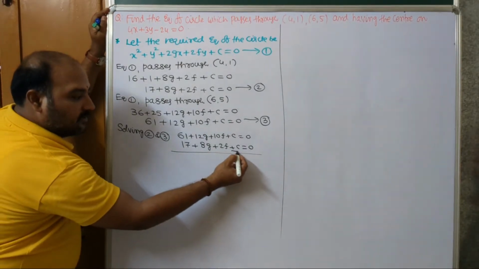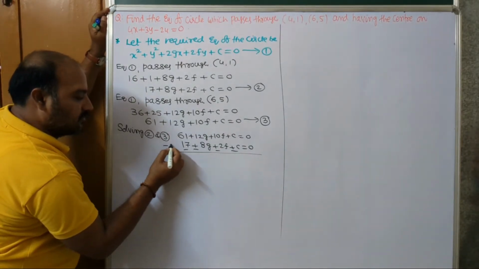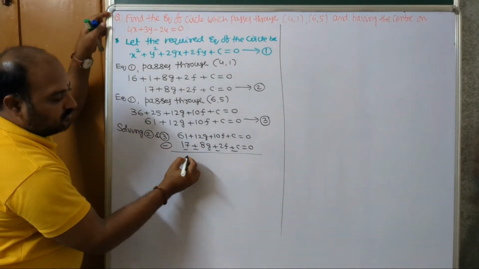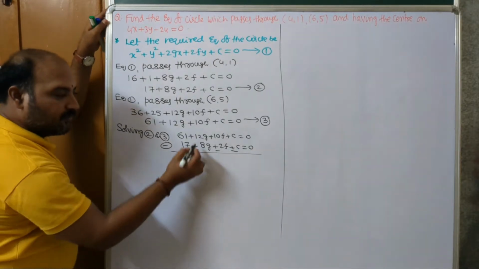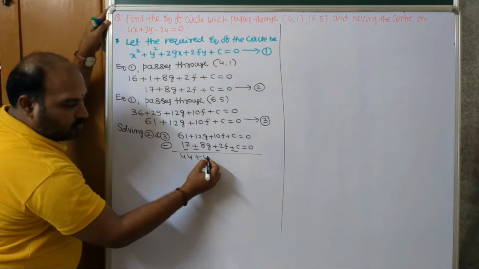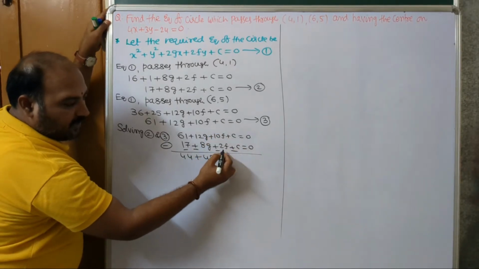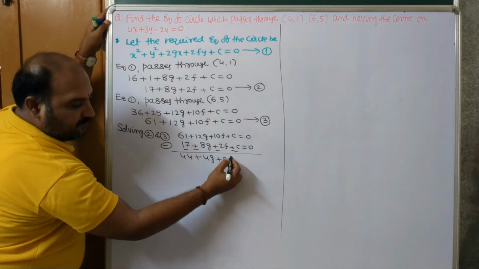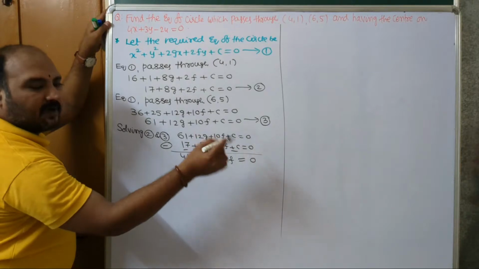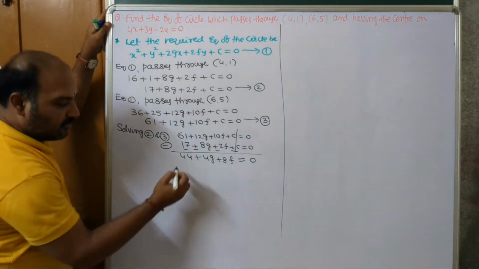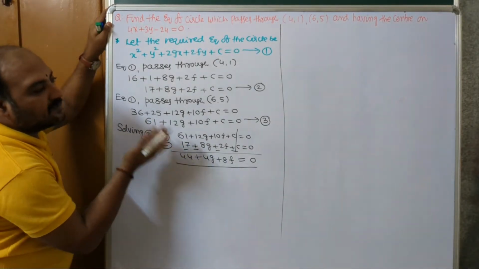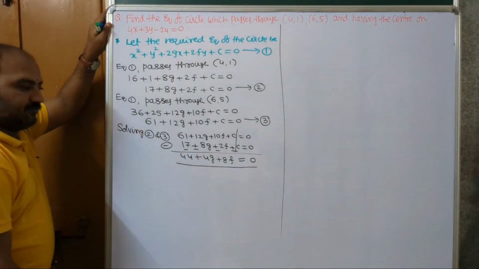While subtracting, signs change. 61 minus 17, so 44. 12g minus 8g is 4g. 10f minus 2f is 8f, equal to 0. C gets cancelled, plus c minus c, dear students. So keep it like this. Even dividing by 4 is possible, but based on another question, we'll do it now. Okay.